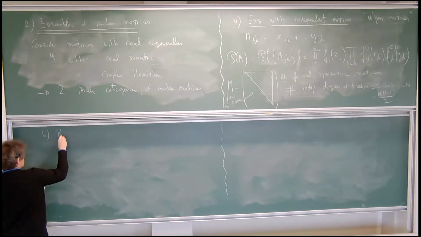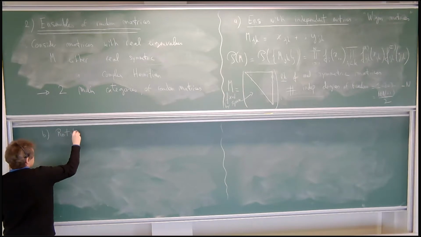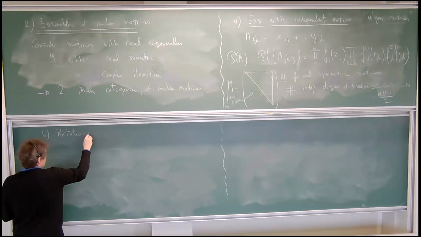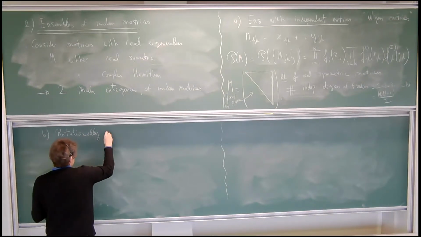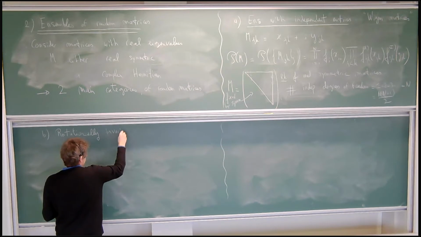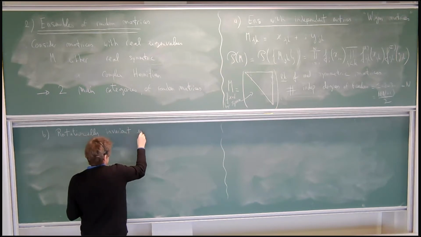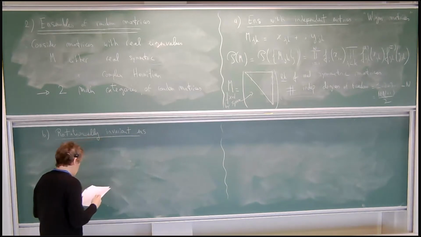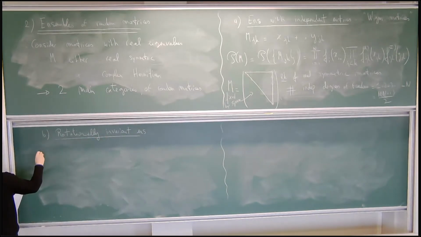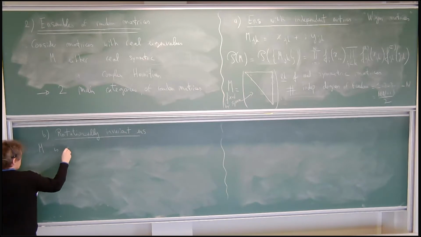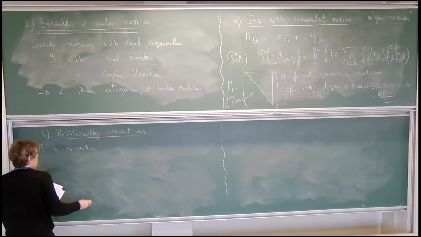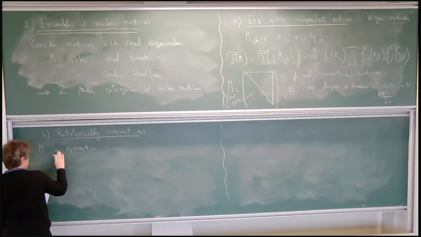Okay, so that's the second category, which I would call rotationally invariant ensembles. Here is the argument, or say the motivation. Let's suppose that M is real symmetric.